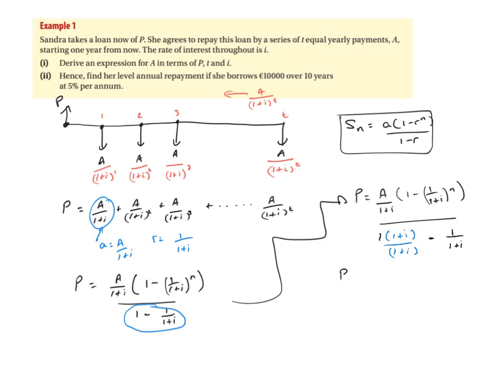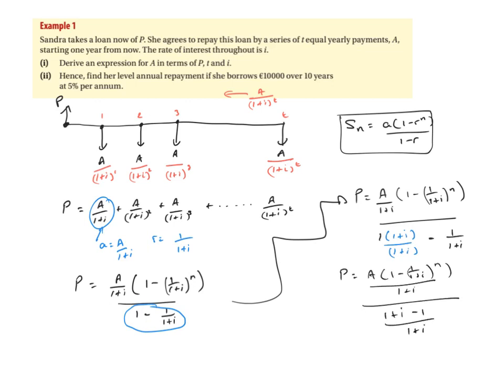So now P is equal to A times 1 minus 1 over 1 plus I to the power of n, and that's divided by 1 plus I as well, all over 1 plus I minus 1 over 1 plus I.